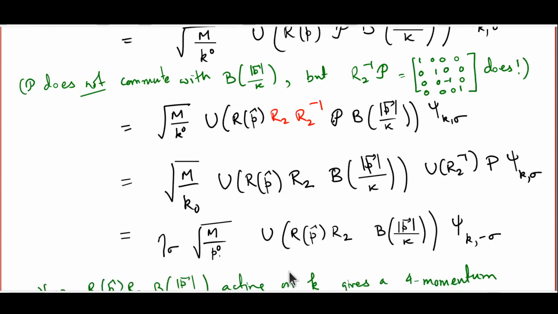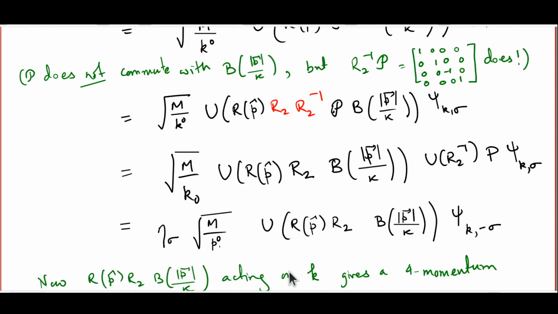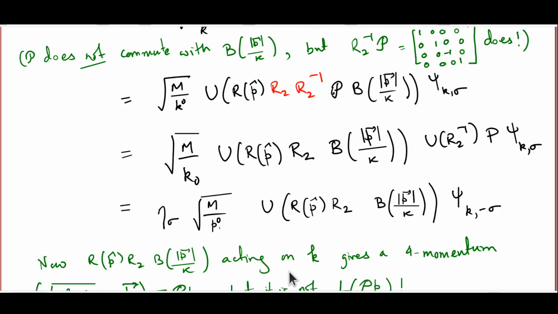To see this, let's figure out what rp hat R2 b mod p by kappa will do to the standard 4-momentum. The boost, which will act first, will give you a momentum with the right magnitude mod p vector along the z-axis, but R2, a rotation through 180 degrees about the y-axis, will now flip it over to minus the z-axis.